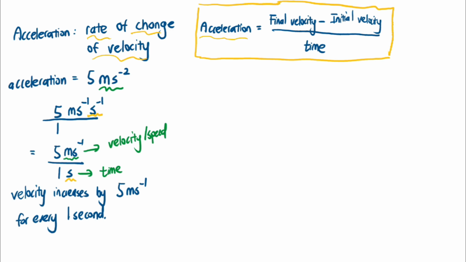So how this could be useful in some context could be something like this. Say you have a car with an acceleration of 5 meters per second squared, and let's say its initial velocity is 0. That means when time equals 0, the velocity is 0 meters per second. Then we'd like to know, after 4 seconds, what's the velocity?